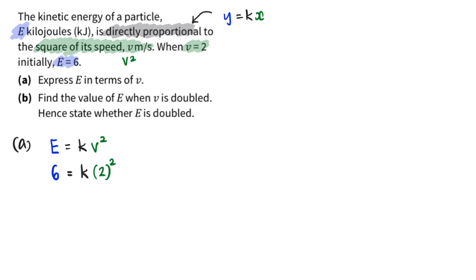Alright, and therefore I will be able to get the value of K now. Just need to divide by 4 on both sides. That will give me 3 over 2 or 1.5.